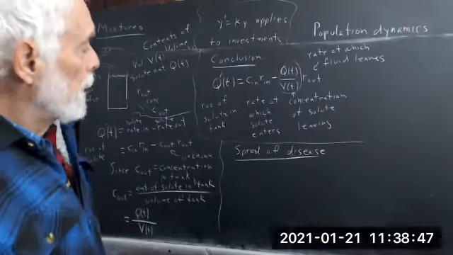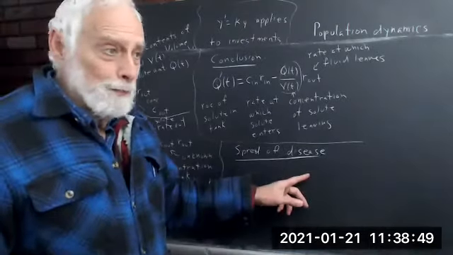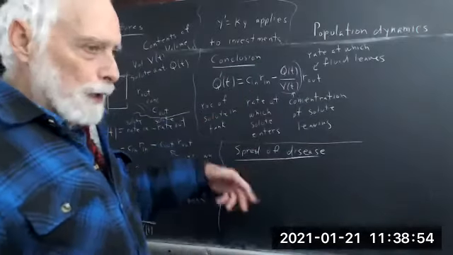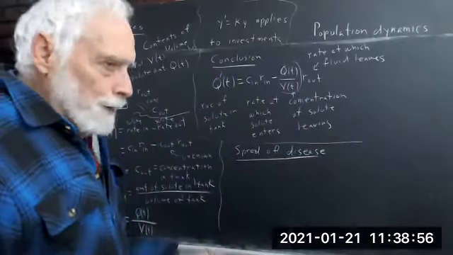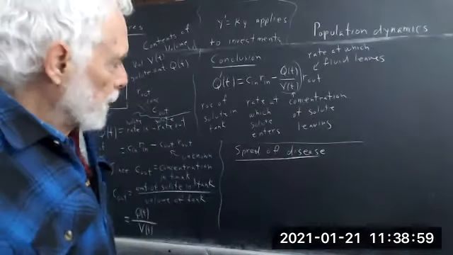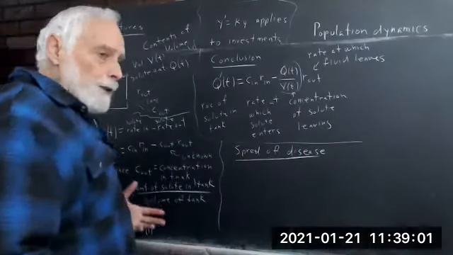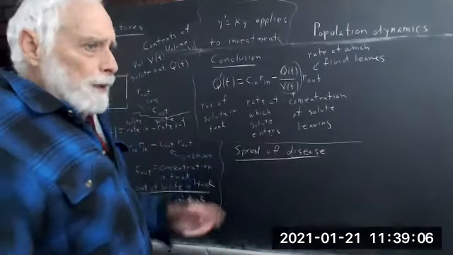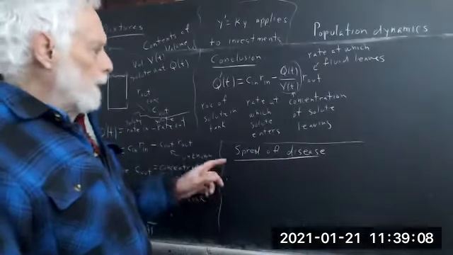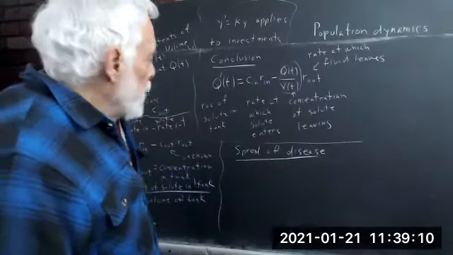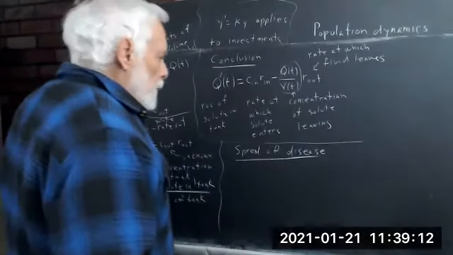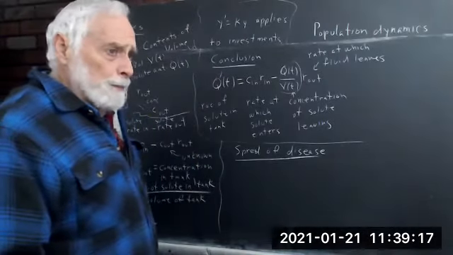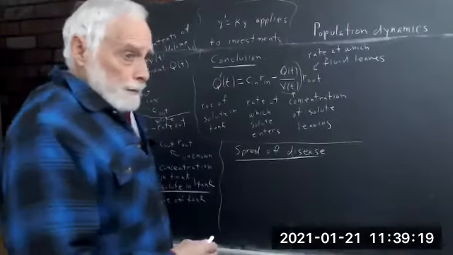And incidentally, this applies to rumors. It applies to all kinds of things. There's sociological aspects to rumors. Of course, there's sociological aspects to disease. We're not going to get into those. Those complicate our models. But our basic model gives us kind of a baseline for understanding what happens with the disease. And no amount of conspiracy theory or disinformation or lies can change the model.